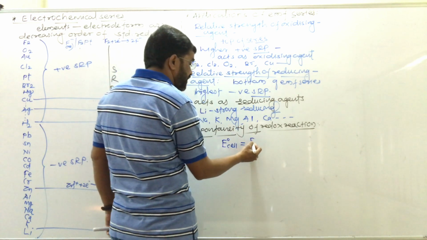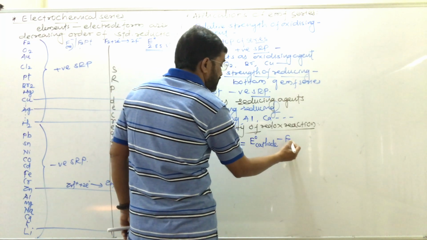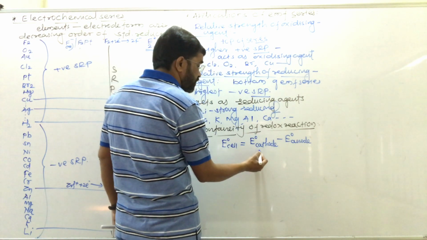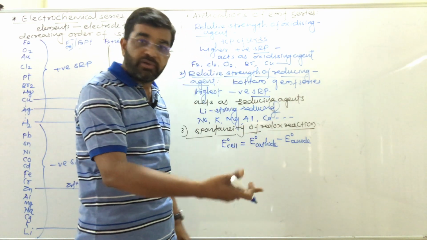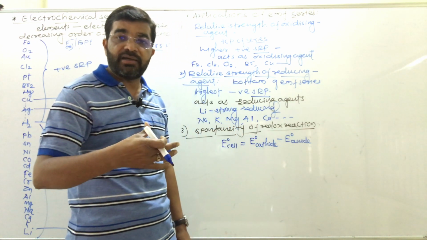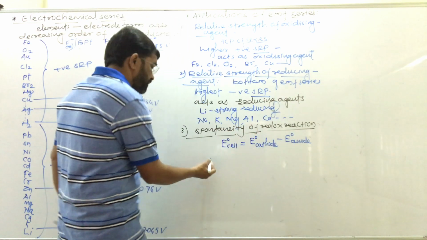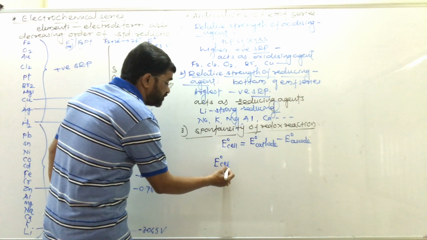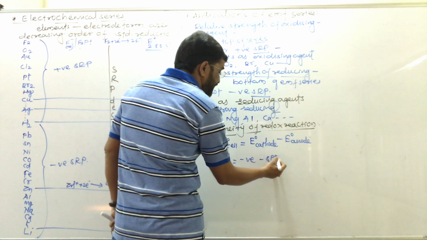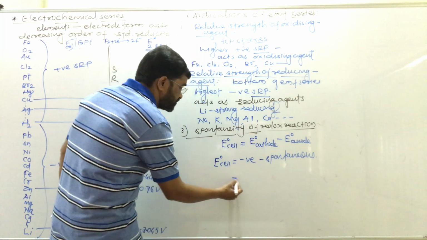Cell potential is the reduction potential at the cathode minus the reduction potential at the anode, that is, the right electrode minus the left electrode. And if this standard cell potential value is negative, then a spontaneous redox reaction takes place.